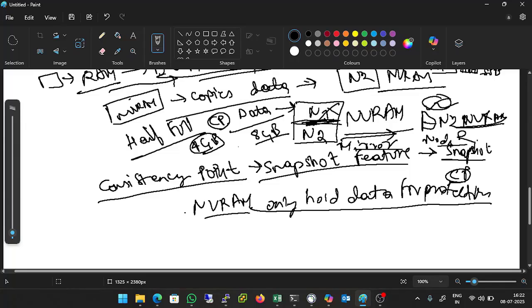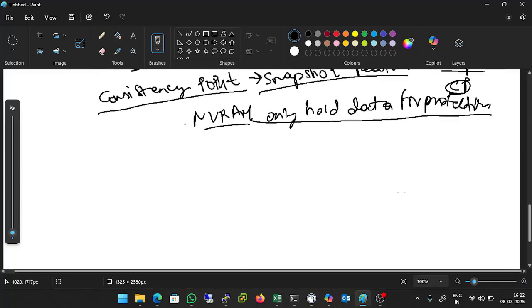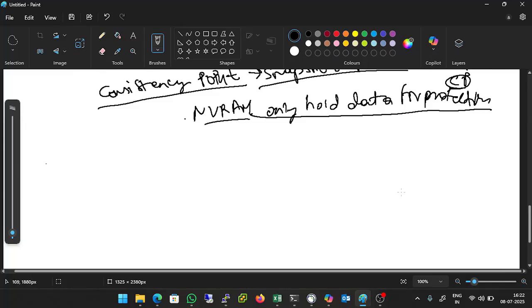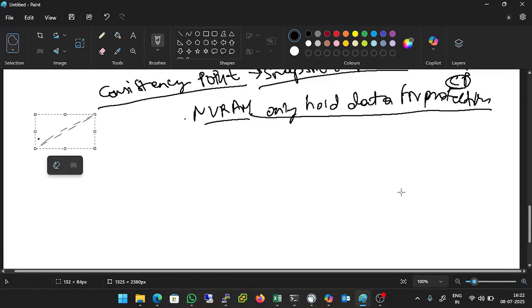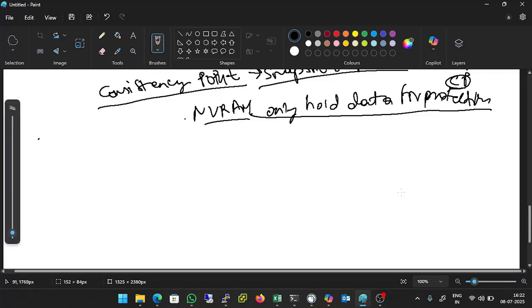That particular thing is done by my RAM, because all the data is processed inside the RAM, not in NVRAM. NVRAM provides you a non-volatility type of feature. I think you are clear from my point. Let me write this one also. One minute. Okay.